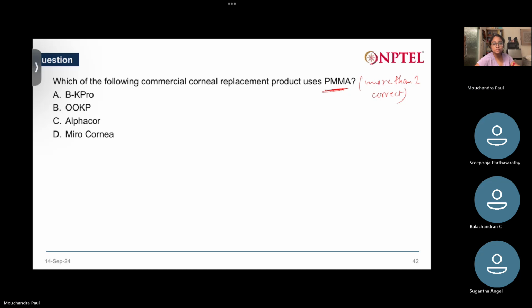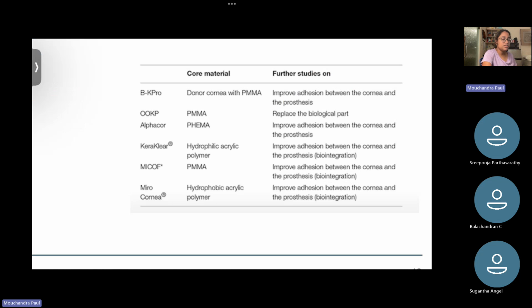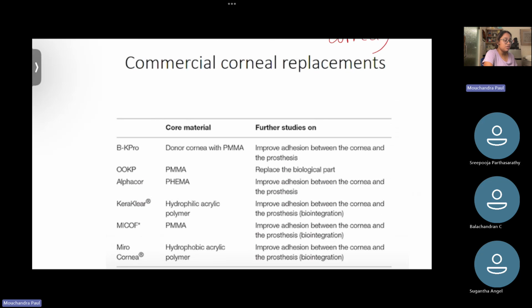So okay, fine. I think you may not have seen the lectures, or you cannot recall them. It's totally fine. These two products, BK Pro and OOKP, are the commercial products that predominantly use PMMA as their core material. This is the slide in the lectures that discusses the commercial products available to replace cornea.